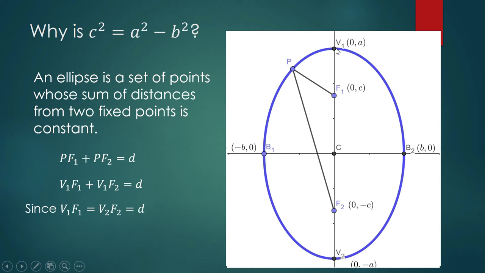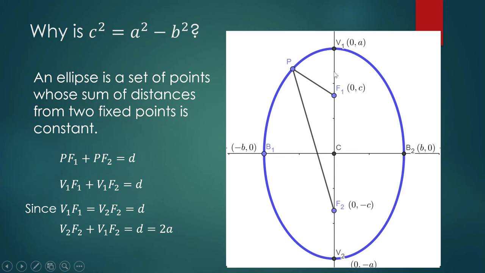But wait a minute, look at this. V1F1 is equal in length to V2F2, so you can replace V1F1 by V2F2. So it's going to be V2F2 plus V1F2 is equal to d. Now, V2F2 and V1F2 together make up your major axis.